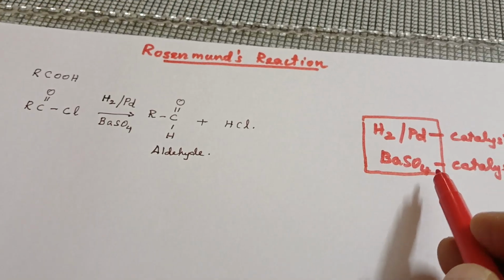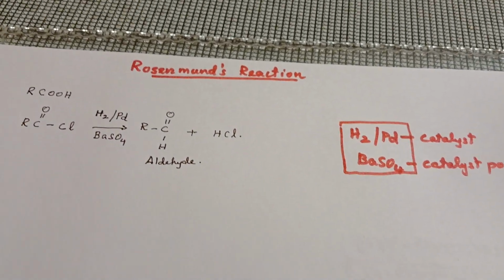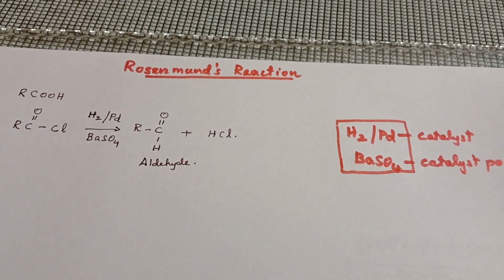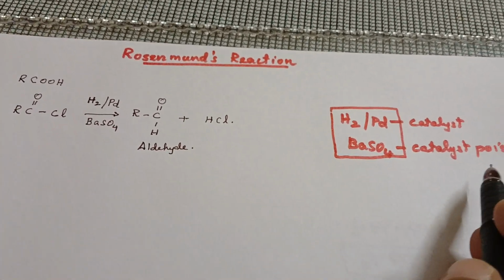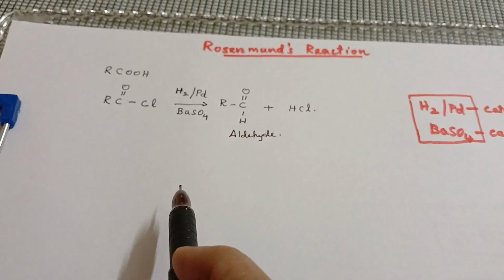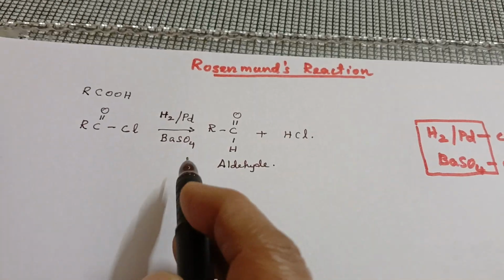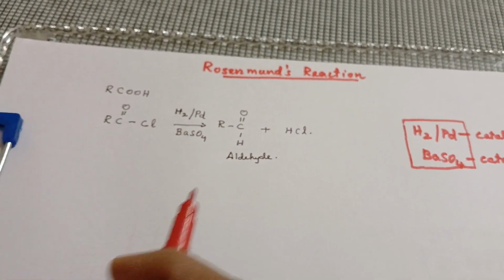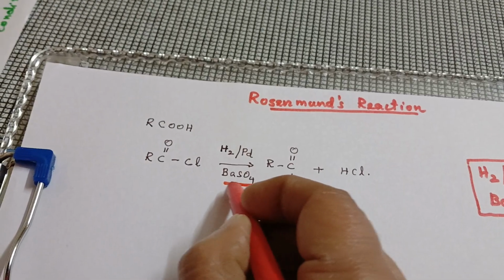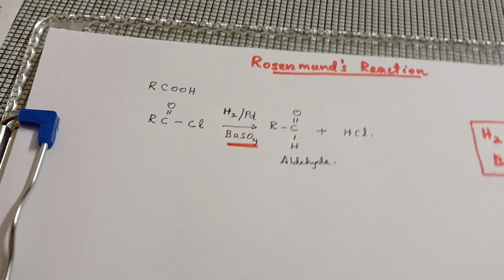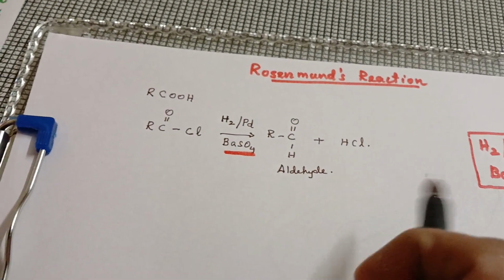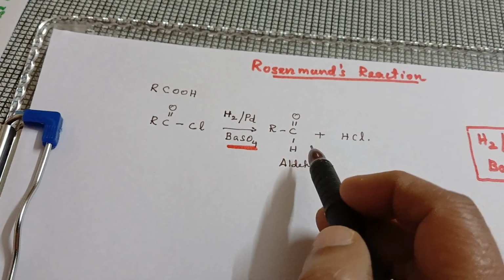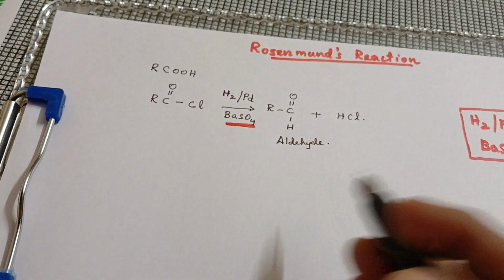Barium sulfate or quinoline. Quinoline is a sulfur containing organic compound that can also be used as a catalyst poison in this reaction. So always remember to write this barium sulfate if it is Rosenmund's reduction, because otherwise the product will not be this. The product will be an alcohol, not an aldehyde.